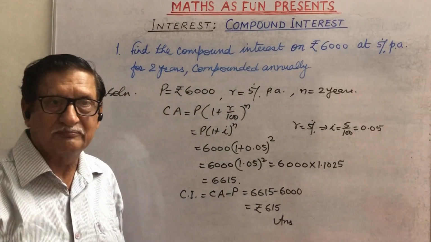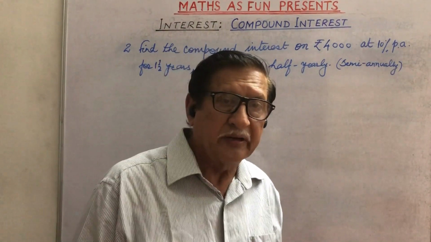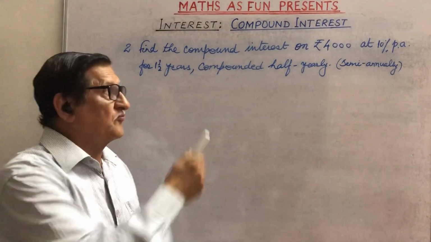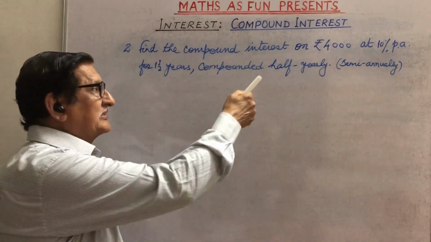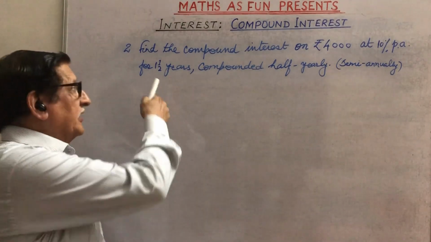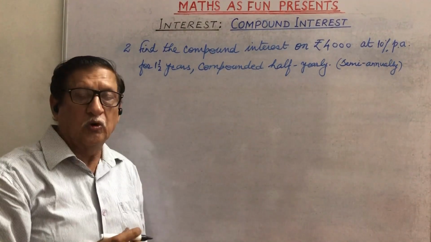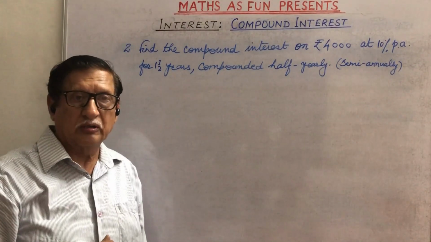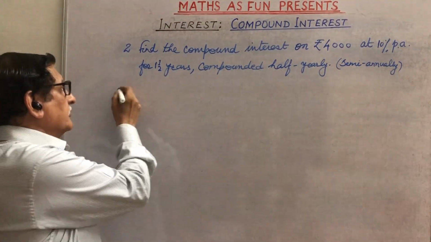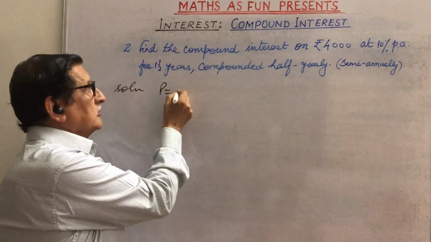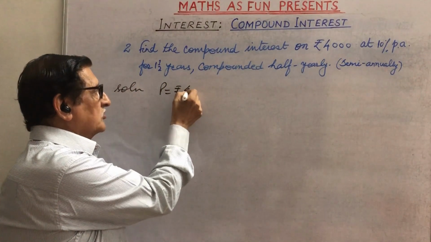The next problem is, find the compound interest on rupees 4,000 at 10% per annum for 1.5 years, compounded half yearly, or semi-annually. See what we find, the principal is rupees 4,000.